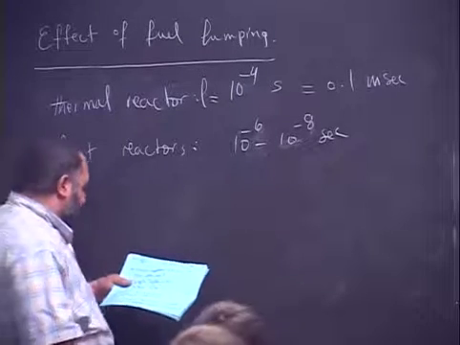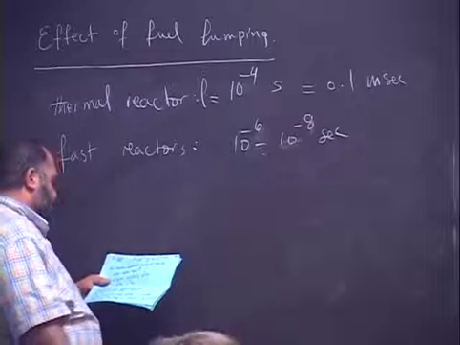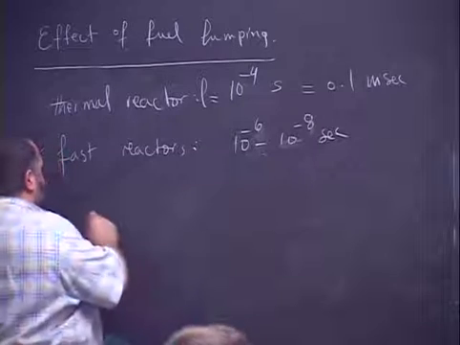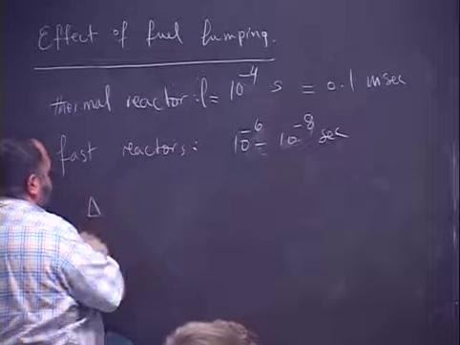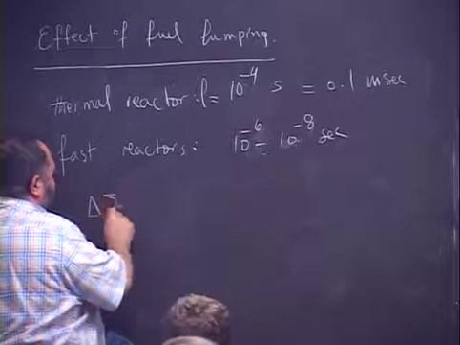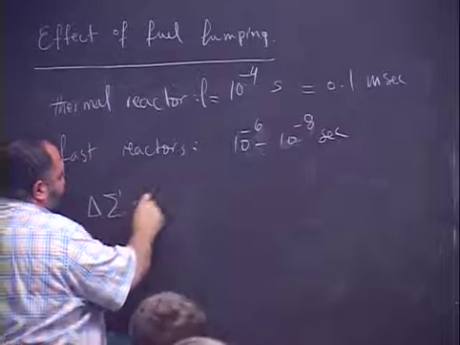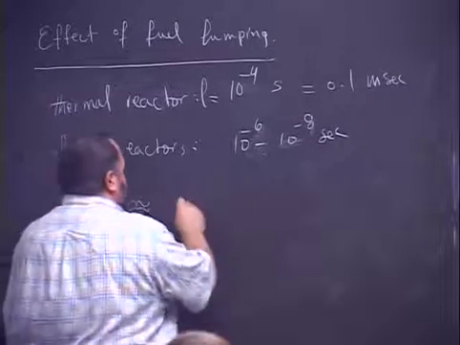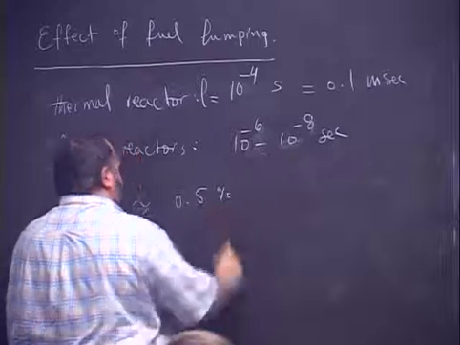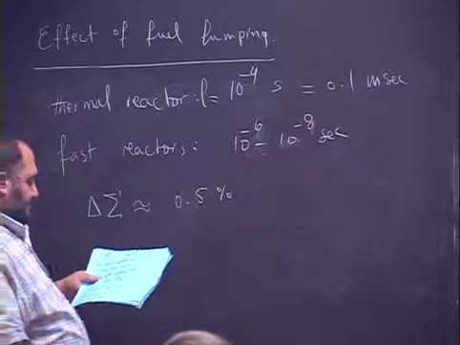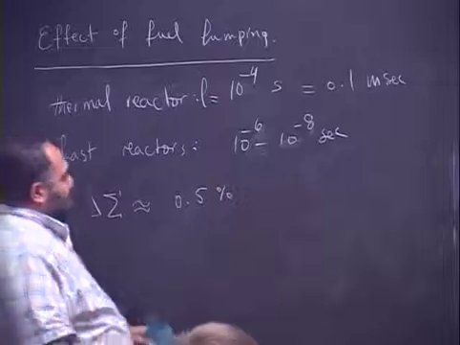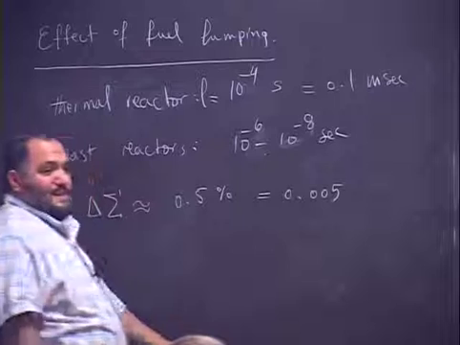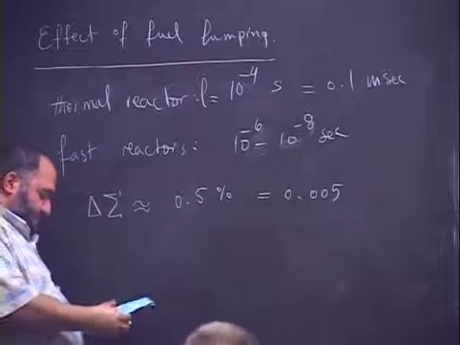Now let's assume that there is a change in the absorption cross section, delta sigma. I change sigma, whether I increase it or decrease it, by 0.5%. So 0.5% is what? 0.005.